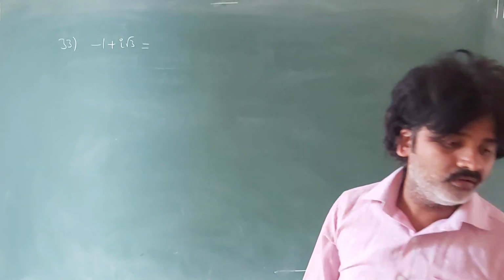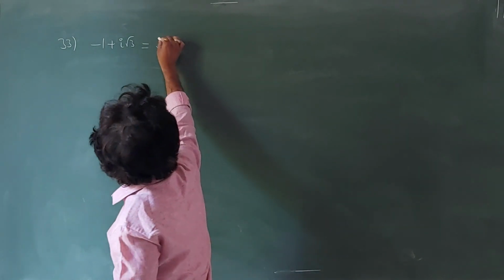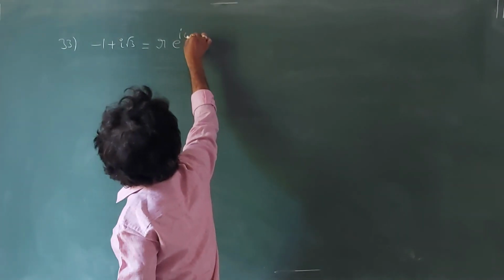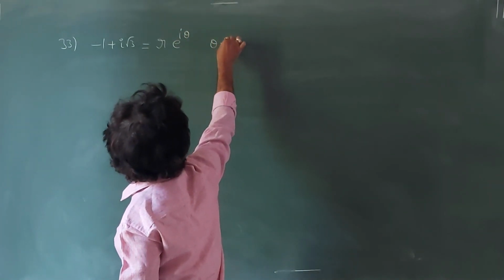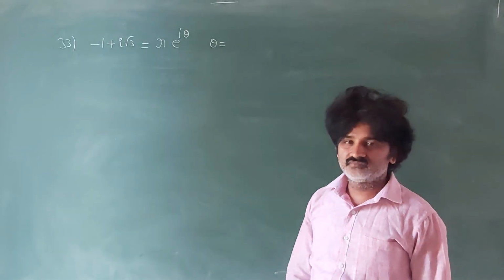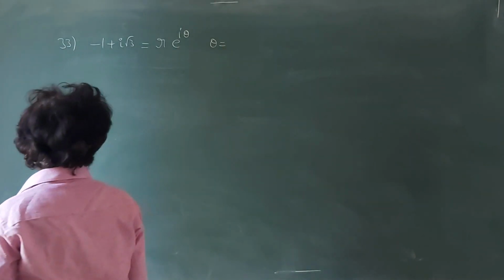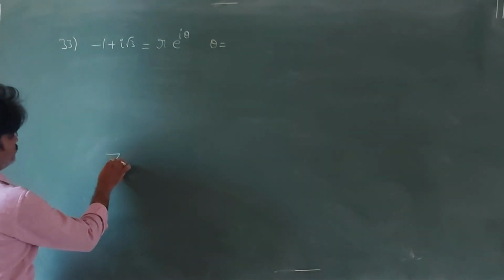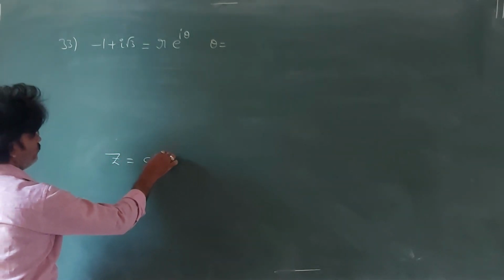equal to. They gave a complex number, minus 1 plus i root 3, equal to r into e power i theta. Then what is theta equal to? Right? This notation I have to explain. See, suppose any complex number I took, z equal to a plus ib.